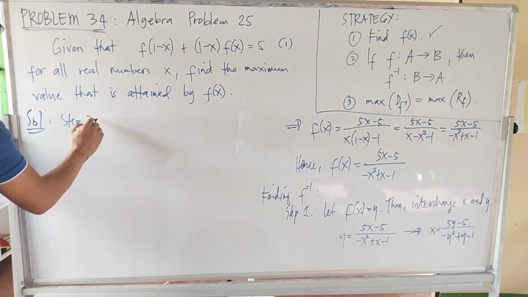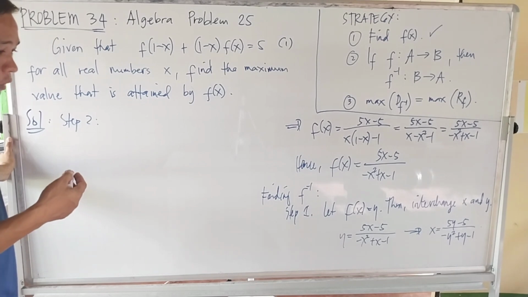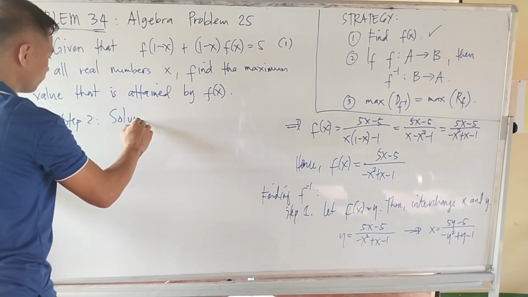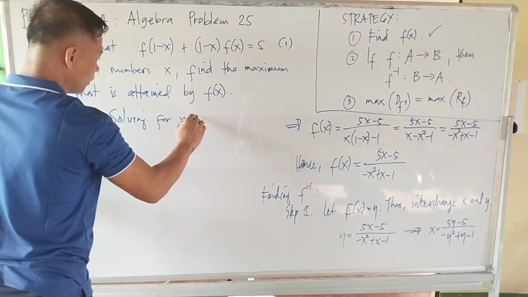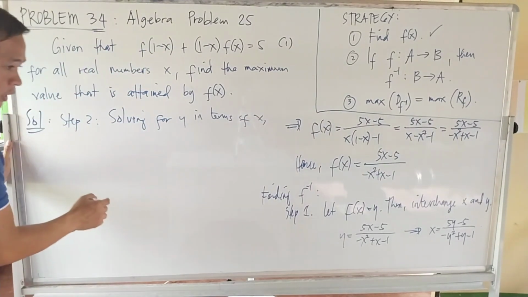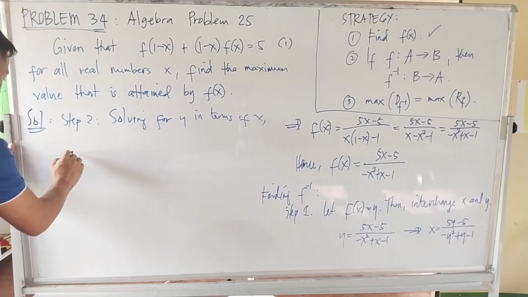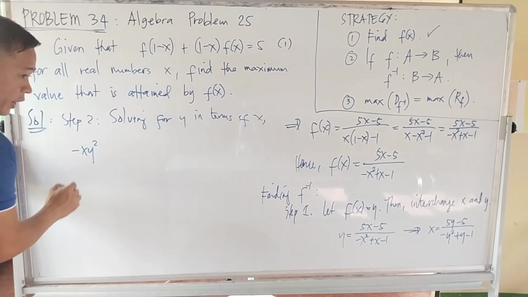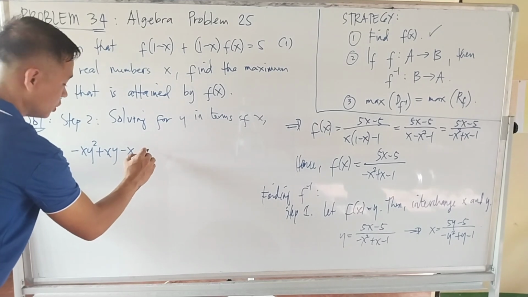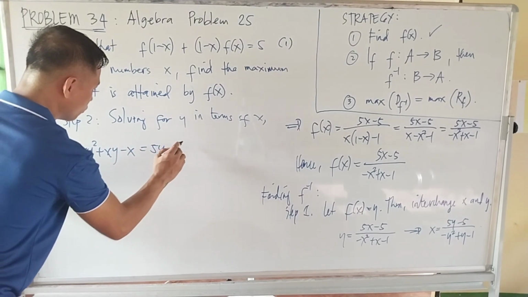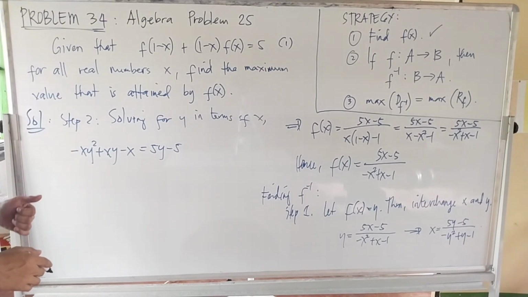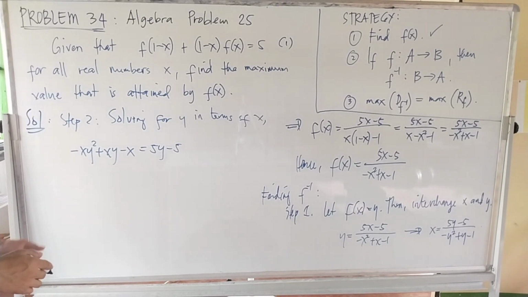Okay, step 2, we're going to solve for y in terms of x. Solving for y in terms of x. So we have, by cross multiplication, negative xy squared plus xy, then minus x is equal to 5y minus 5. Now, we're going to combine terms that have a variable y.